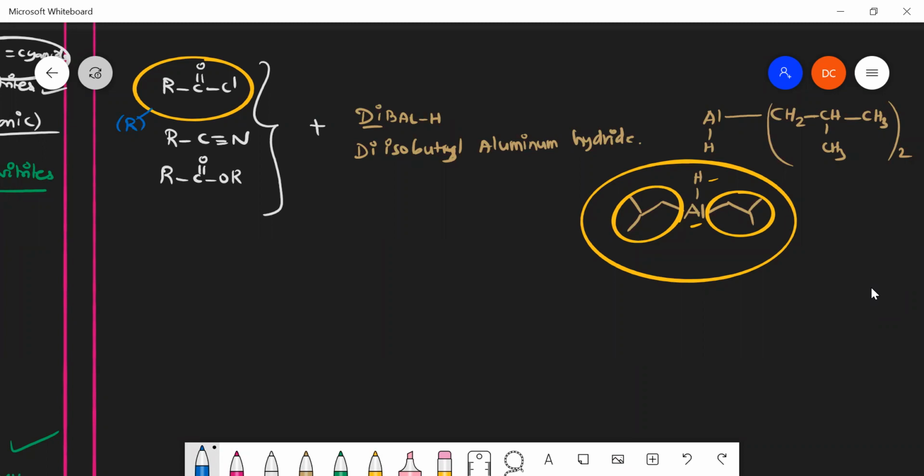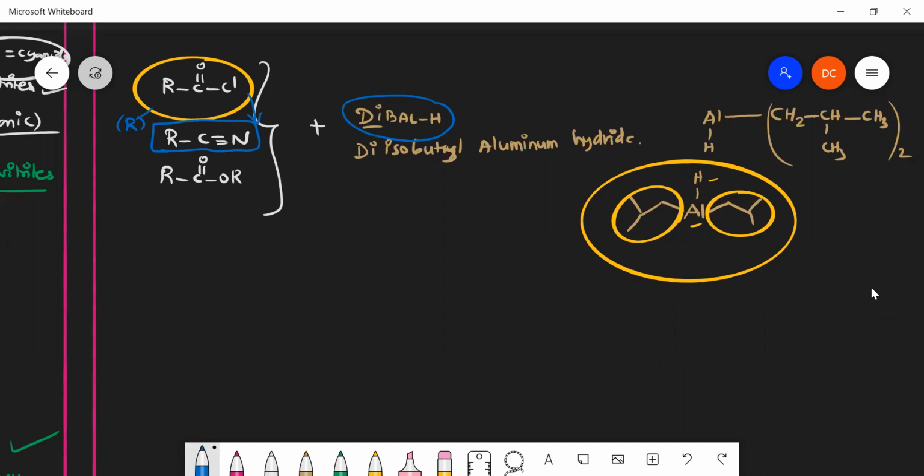And to convert RCN into aldehyde, what do I have to use? Today we saw that: Stephen reduction. But here both are not required. Only DIBAL-H will convert acid chloride and alkyl nitrile into aldehyde.